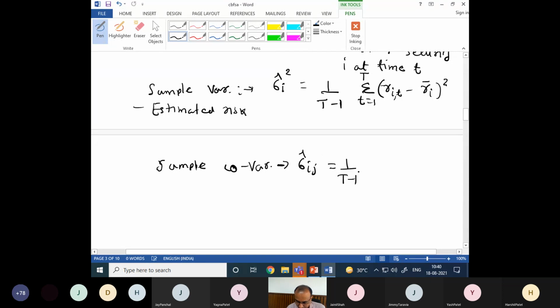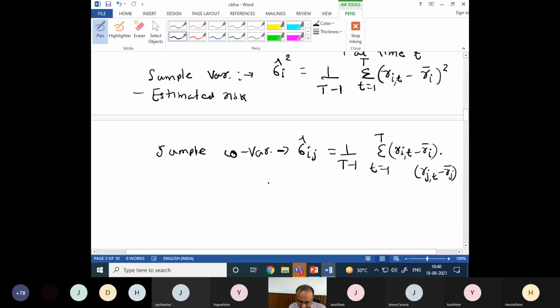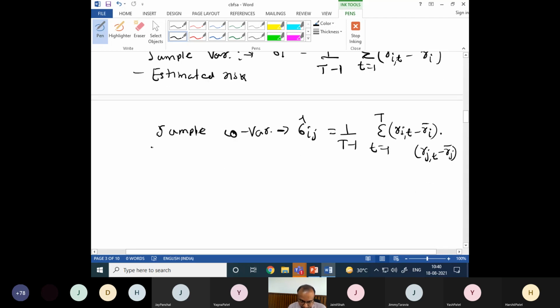That is again 1 by capital T minus 1, t running from 1 to capital T, of R_it minus R_i bar multiplied by R_jt minus R_j bar, because it is related to two securities. Okay, and that is the estimated covariance.